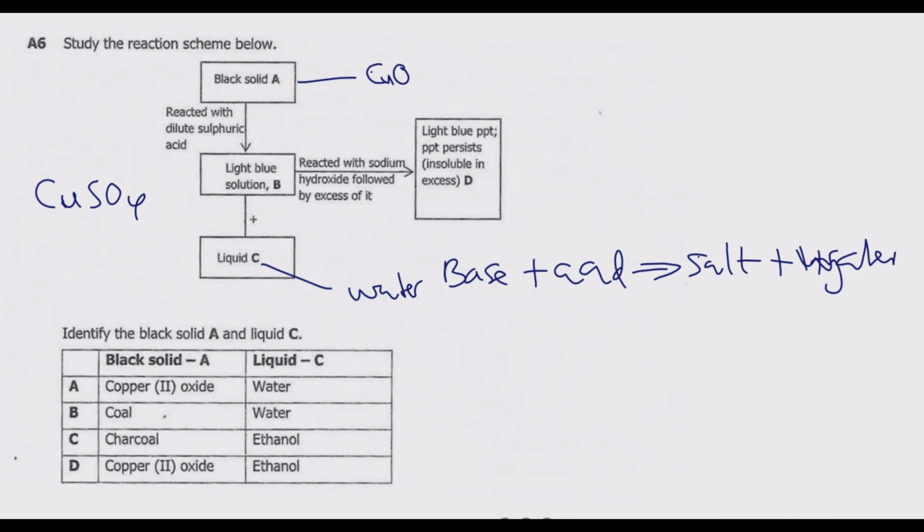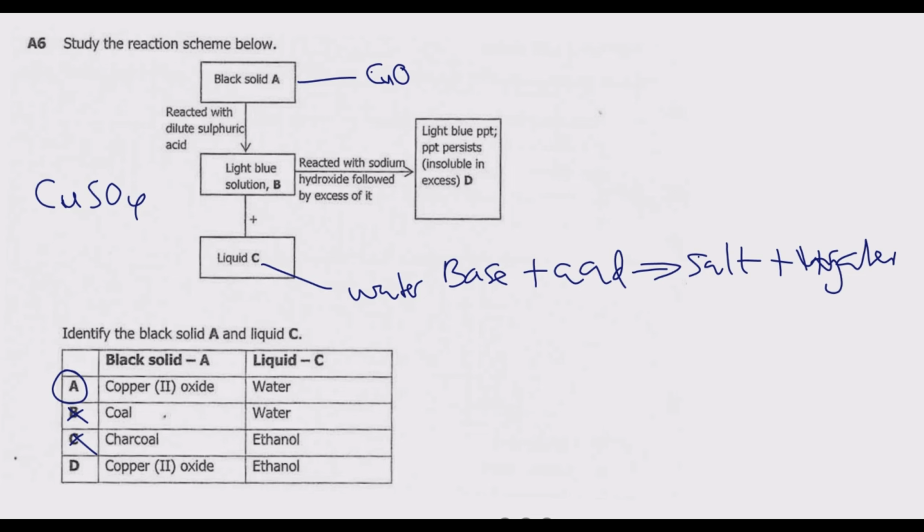Then we can proceed, because we're only requested to identify A and C in this case. So what you notice here is basically A is copper 2 oxide, so it's not B, it's not C. So remain with A and D. Then we know that C is water, so you notice that A is the best option.